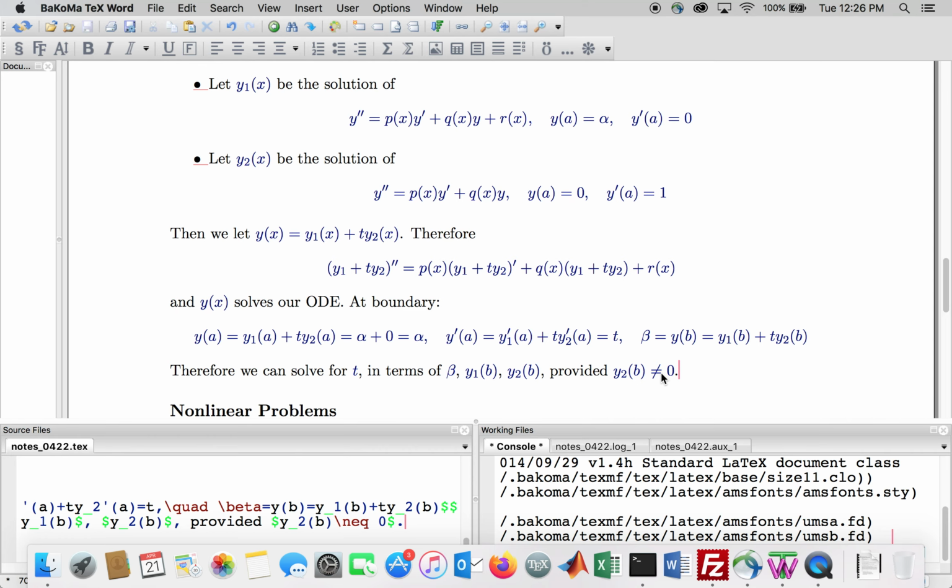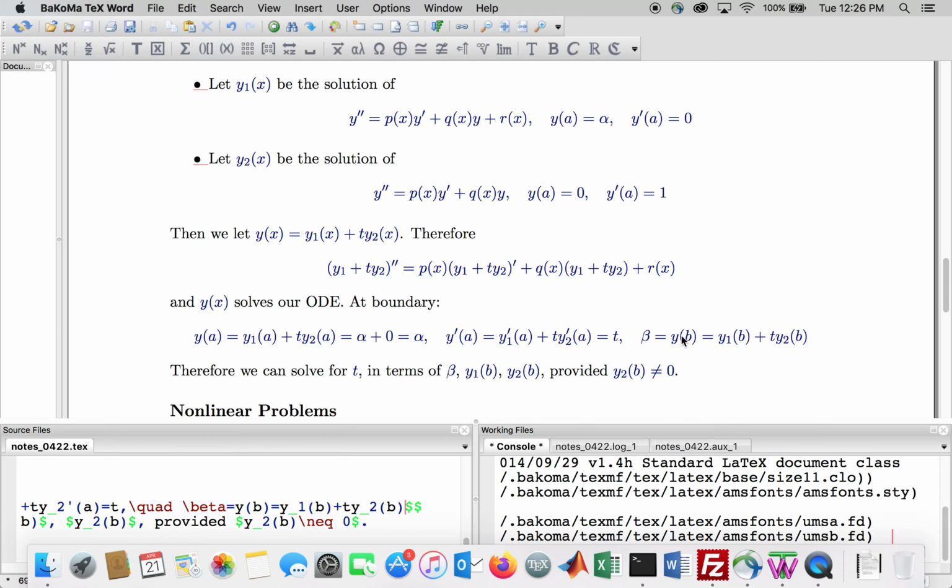So that's all I'm going to say about this right here, that you would use the homework to finish off a process of finding t. But the point is, once we solve these problems, all the real work is done. It's very easy after that to obtain the value of t from requiring y of b to equal beta.